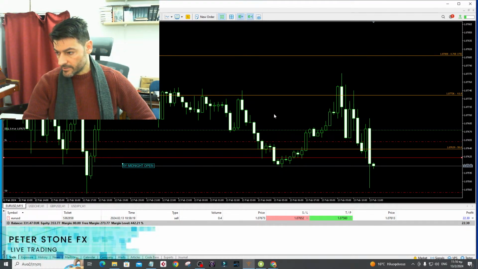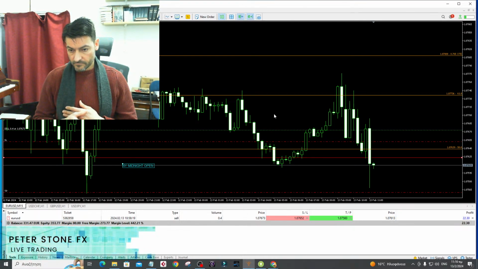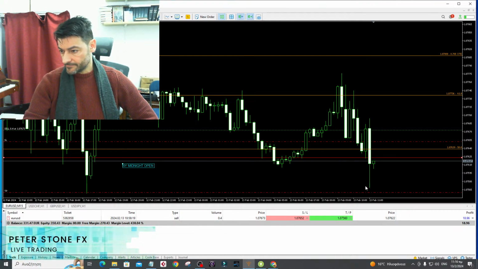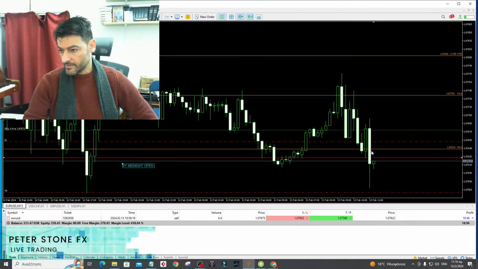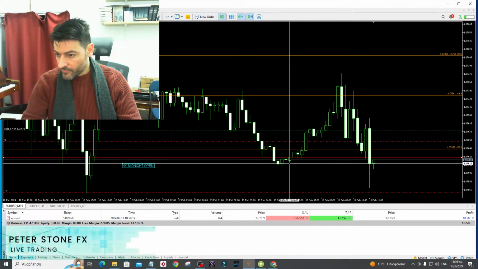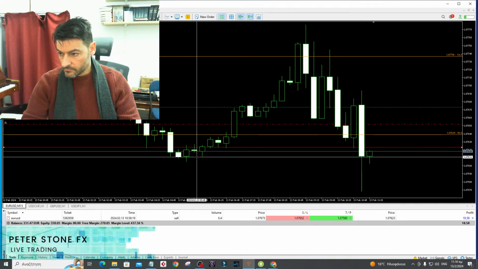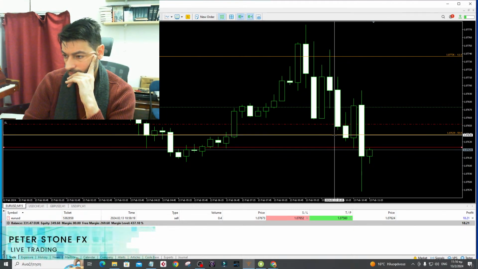So now all trades are funded. I wanted to close it like here, and I didn't have the time. But here is a lovely bearish order block, lovely one. So we had another break of market structure.